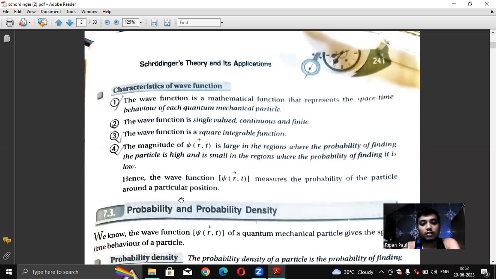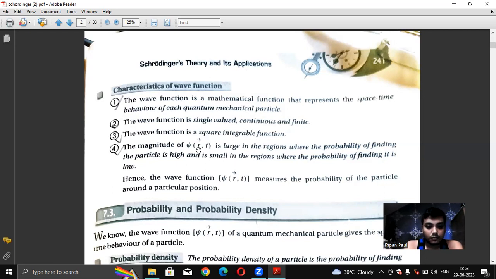What are the characteristics of the wave function in Schrodinger's theory? Schrodinger really helped in physics to explain things like the wave function, probability density and probability. The wave function is single valued, continuous, and finite. It is a square integrable function.